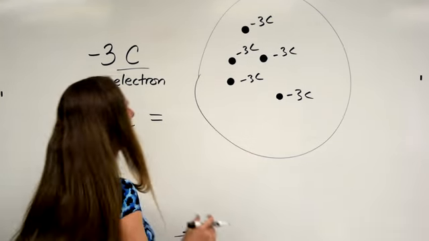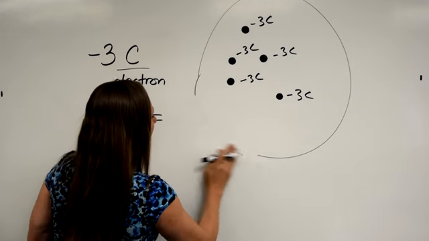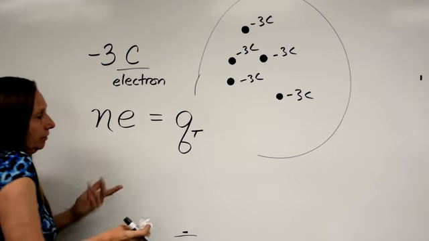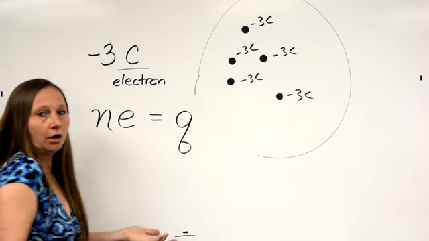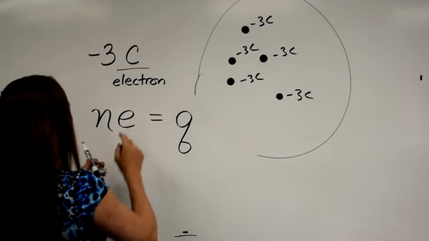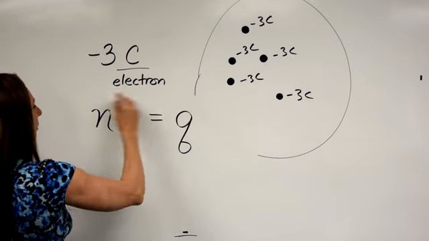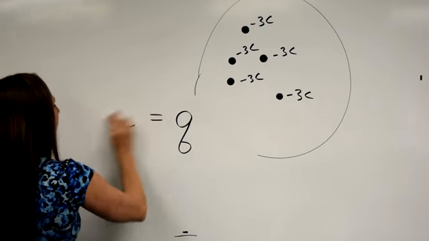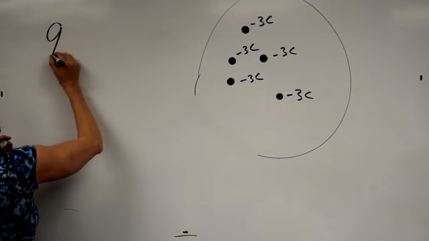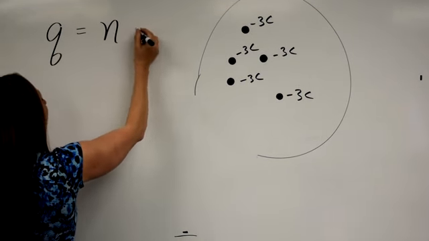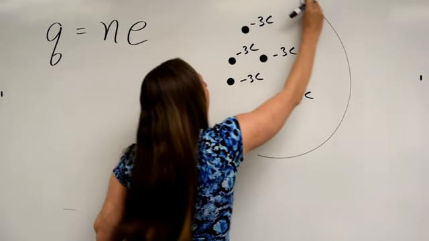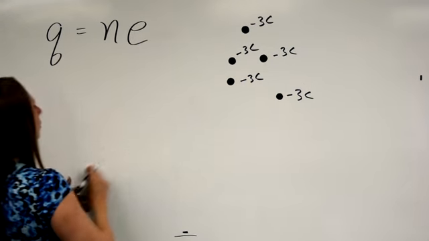I get that. My total charge, Q total, or just Q. So let's take this little equation that we've generated and flip it around. The total charge is equal to the number of electrons times the elementary charge in our crazy little universe. So what's the total charge?